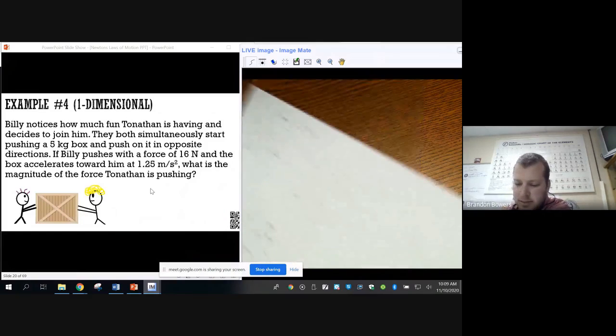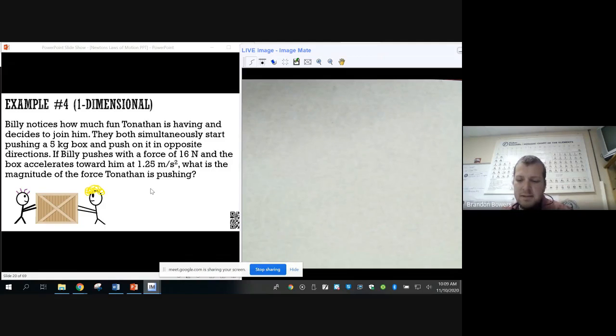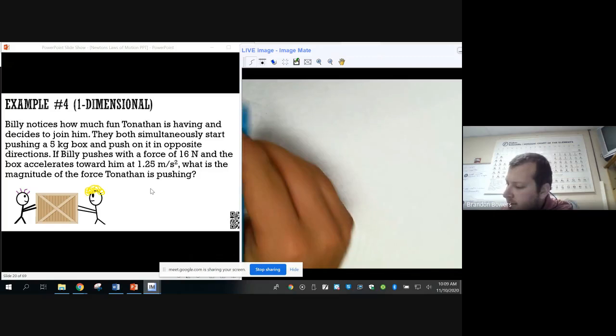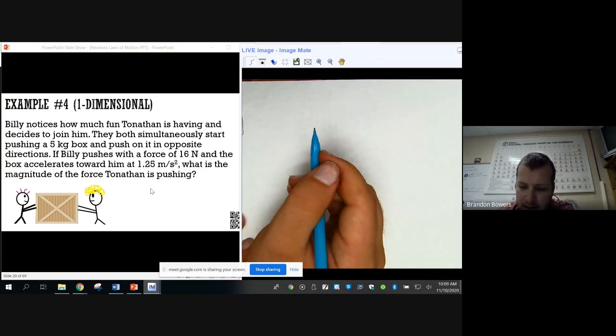Next one. Billy notices how much fun Jonathan is having, so he joins them. Both simultaneously push on a 5-kilogram box. So here's the box that's 5 kilograms.